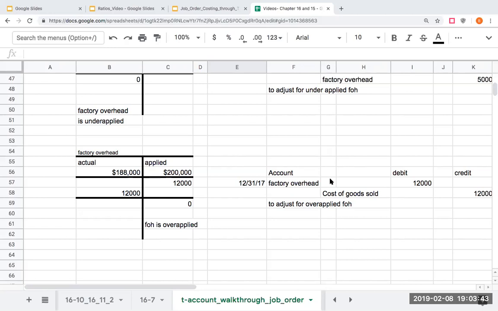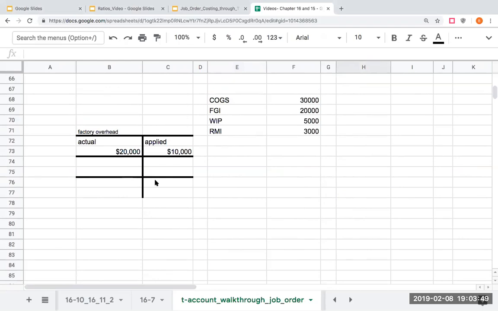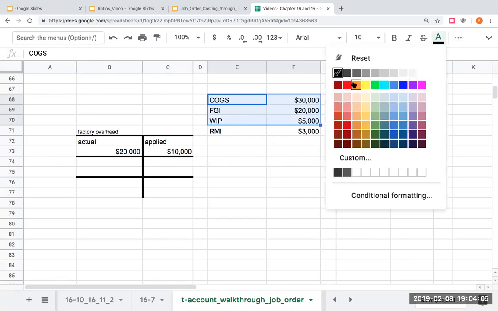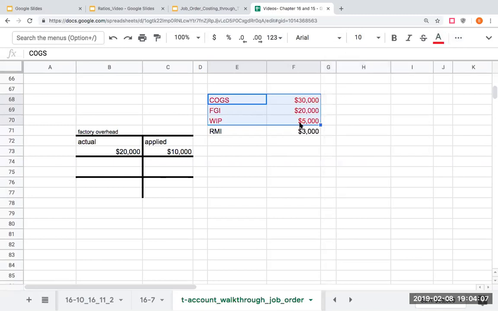If the amount is insignificant, I'm just going to put the difference to cost of goods sold. However, if the amount of the over or under applied overhead is significant, I need to allocate it to the accounts where factory overhead was applied: cost of goods sold, finished goods inventory, and work in process.